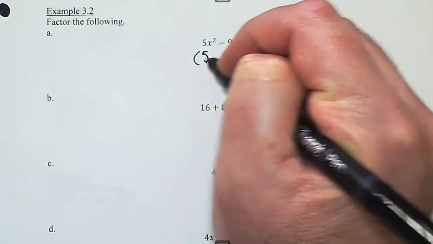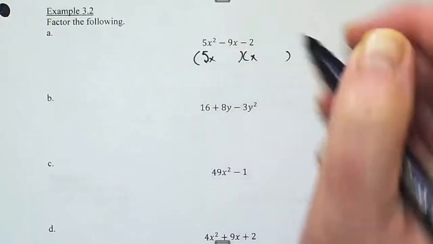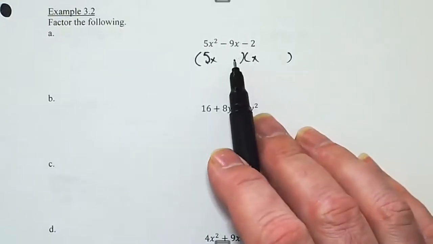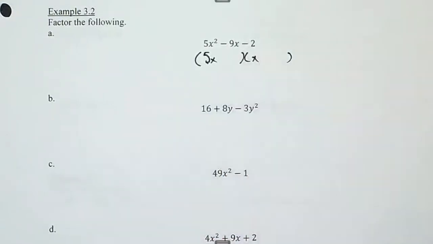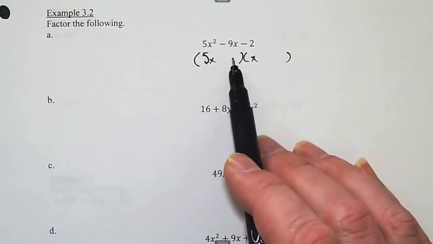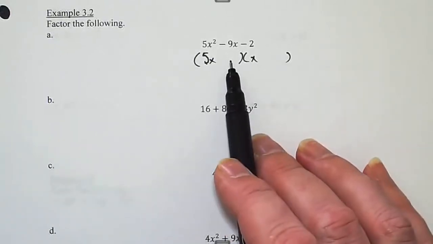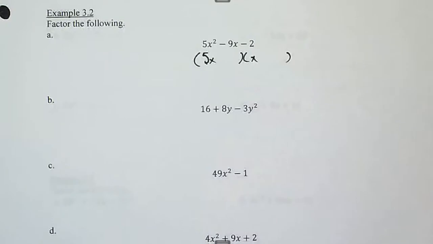So that'll be a 5x and an x. So now what goes here and here has to multiply to 2. So the good news is I've only got one choice, one set of factors, a 1 and a 2. The problem is because of the 5, it matters where I put the 1. Do I put 1 here, 2 here, or 2 here, 1 here? The answer is try them both.